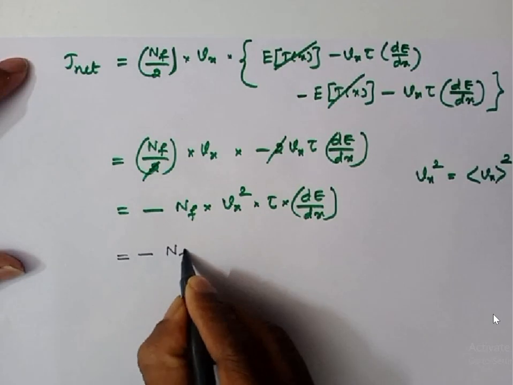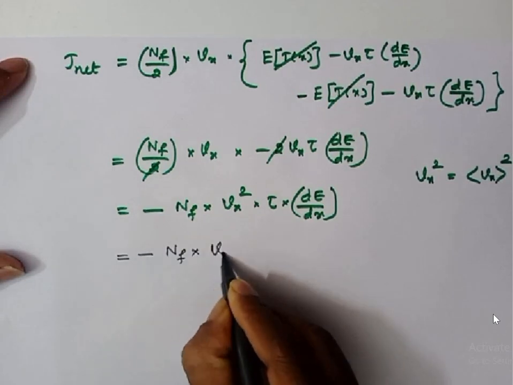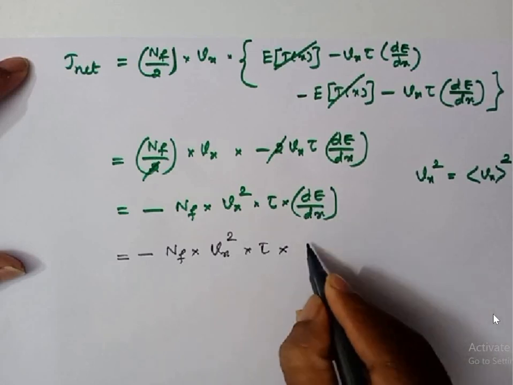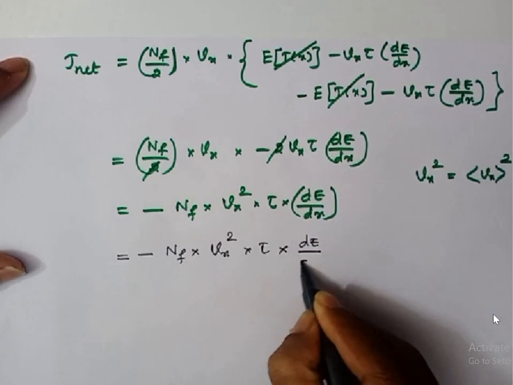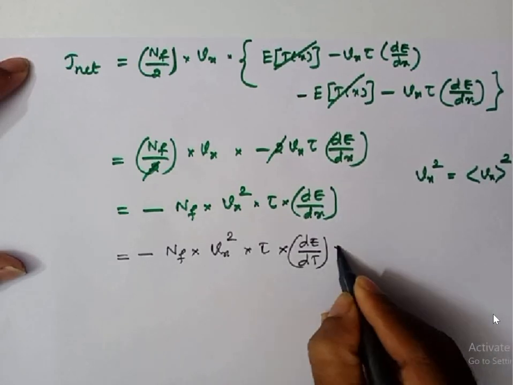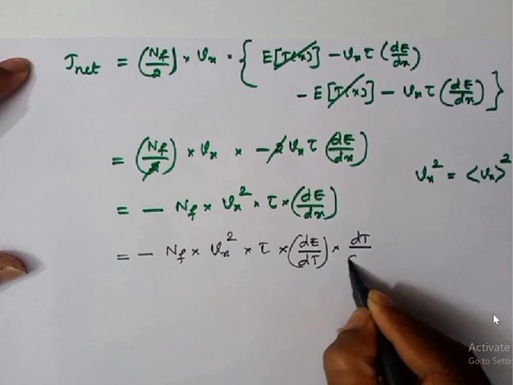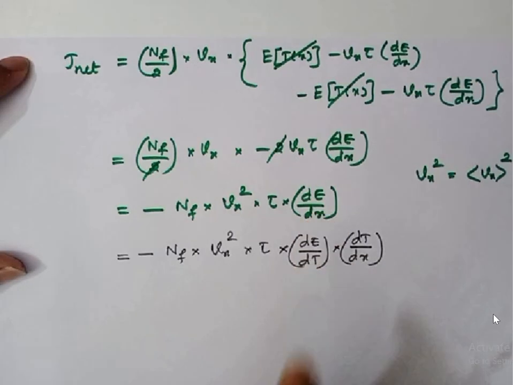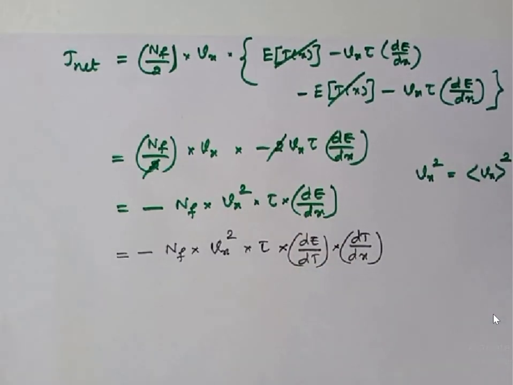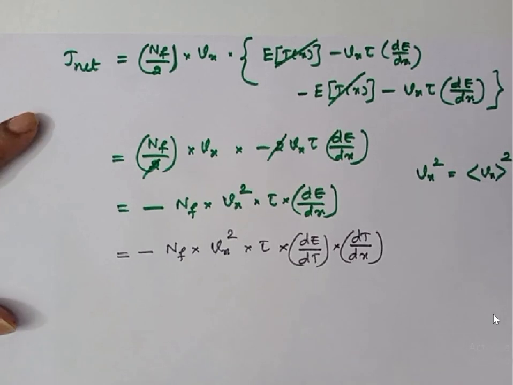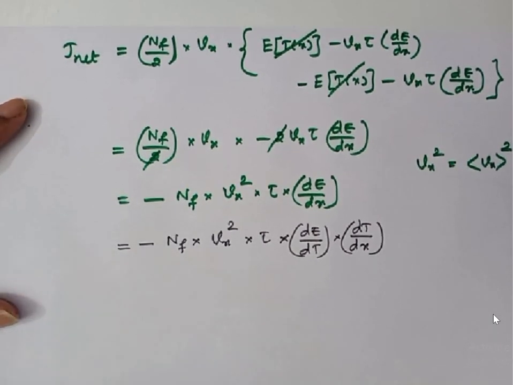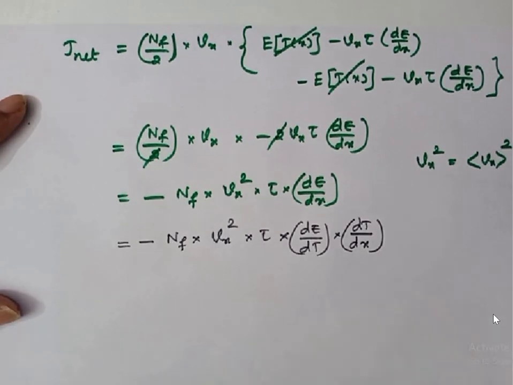Minus NF into Vx square into tau into, I'll write this dE by dx as dE by dt into dt by dx. If I write like this, nothing is going to change, because if I cancel dt dt, I'll get the same expression. So this is the net heat transfer that occurred at the position x.